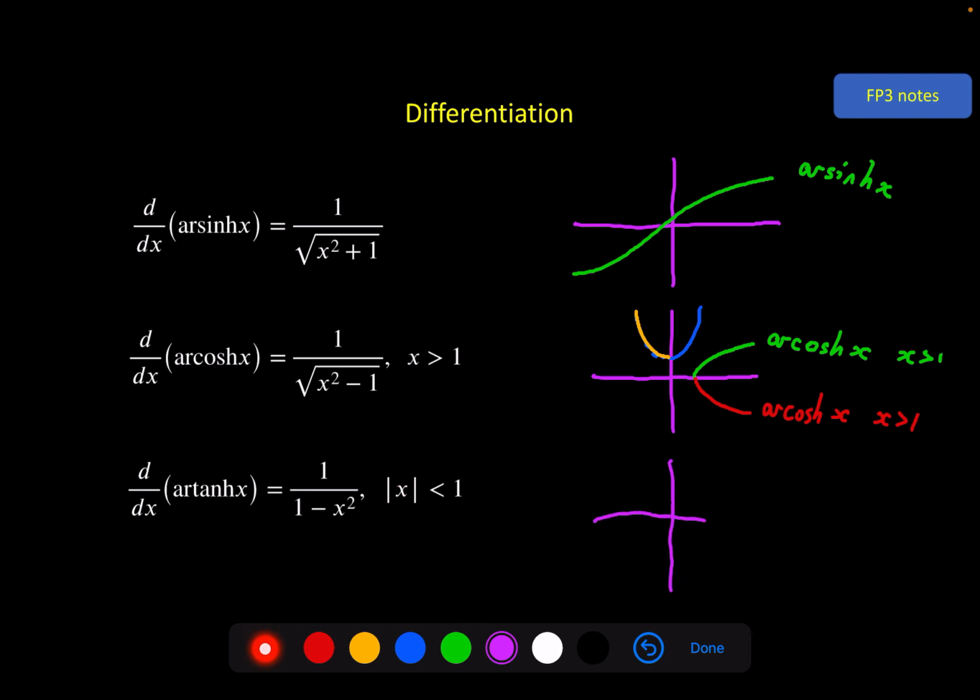r tanh looks something like this. And we're not limiting it like we were with the cosh curve. These are just asymptotes. And there is no graph outside of x is minus 1 and x is 1. So it's part of the domain of the graph.